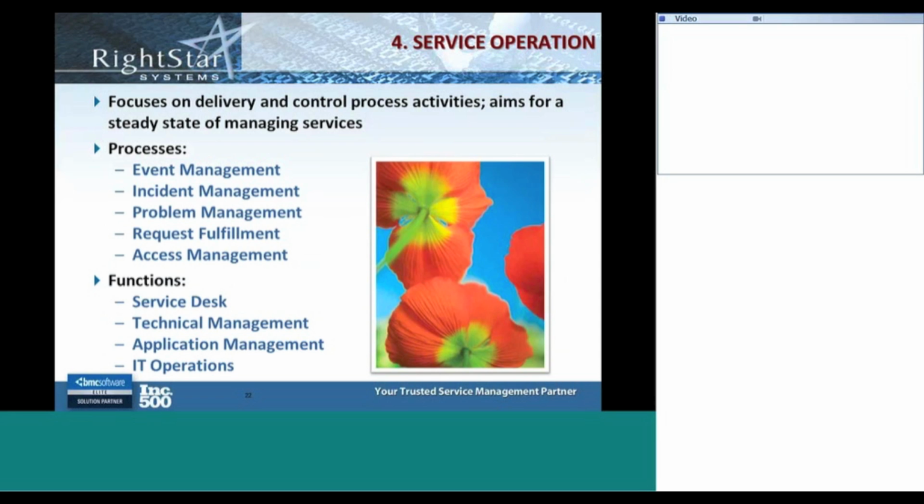IT here is focused on preserving a steady state of managed services. So we have a number of different processes that help us to manage these services on a day-to-day basis. Event, incident, problem management, as well as request fulfillment and access management.